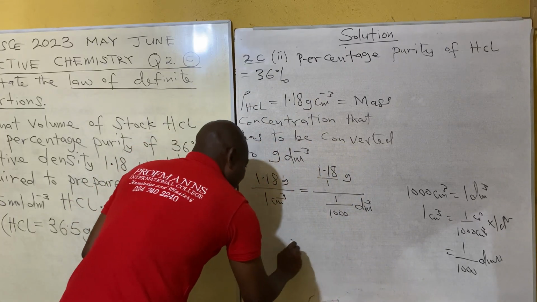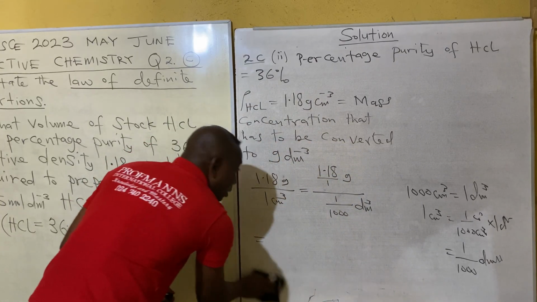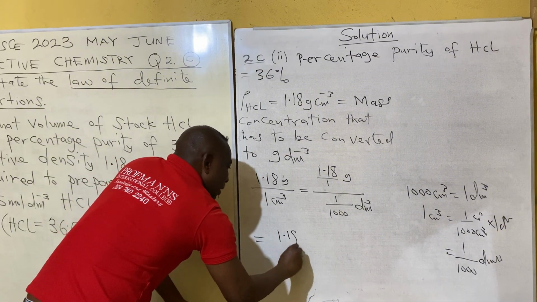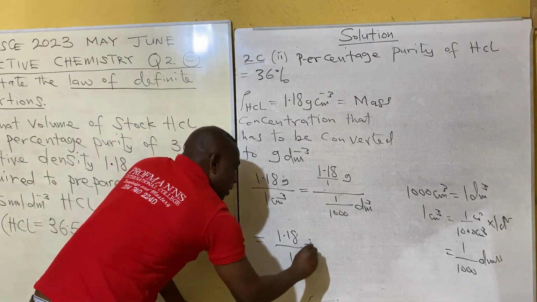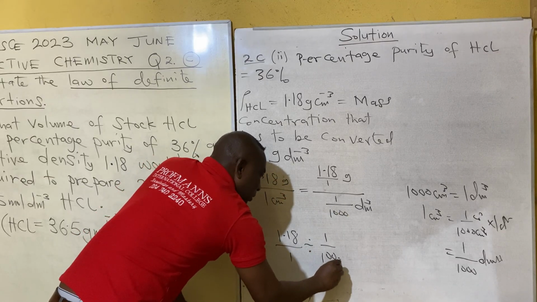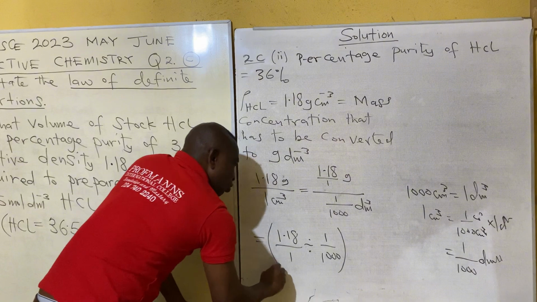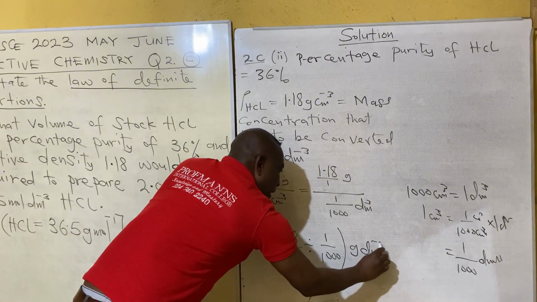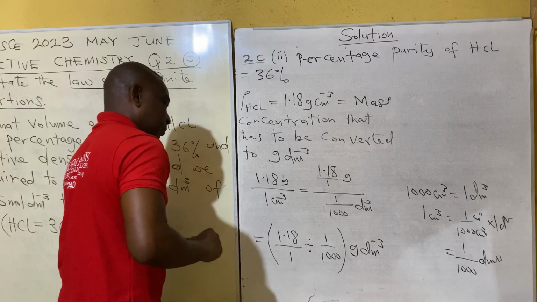Here it becomes 1.18 over 1 divided by 1 over 1,000. Let's introduce a bracket. Then this now becomes g/dm³.